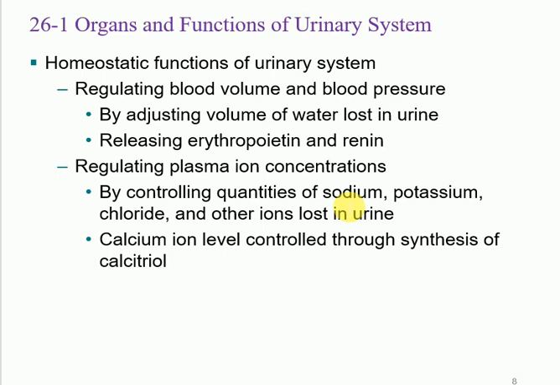If the blood volume is 5 liters, which is average, right? And if it's getting 5.5, you get rid of half. You're controlling the volume. How? Water. You're also controlling the pressure. How? Mainly also through the water. Do you remember in the cardiovascular system when we said blood volume goes up, blood pressure goes up?